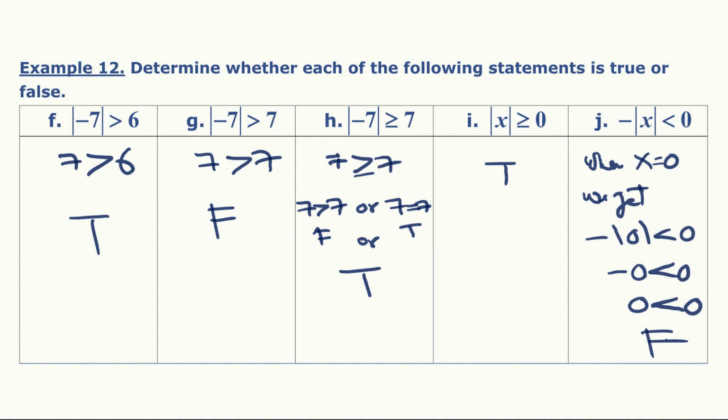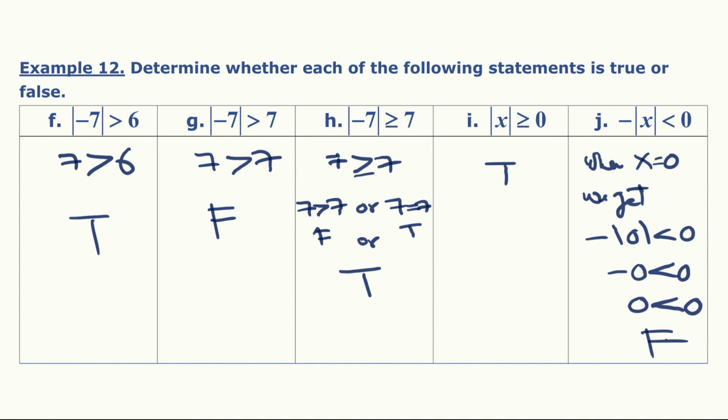Okay, and remember, when you say a mathematical statement is true, you mean it's always true. But when you say it's false, it doesn't have to mean that it's always false. It means there is at least one place where it fails, and that is what we call a counterexample.